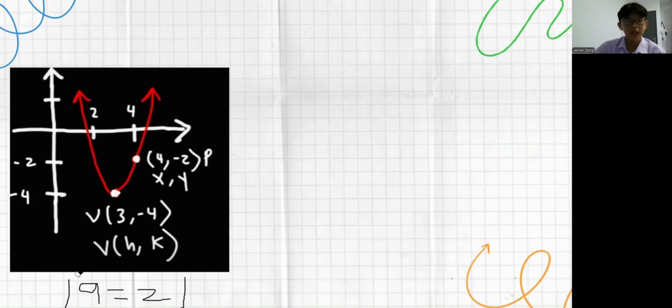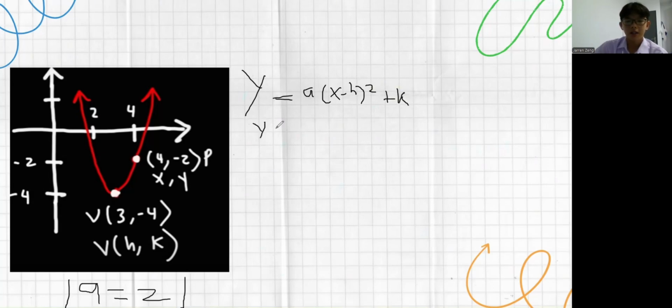Now since we know a, we can use the vertex form to get the quadratic function, which is the one we discussed earlier, y equals ax squared plus bx plus c. Now we can write y equals a(x minus h) squared plus k.